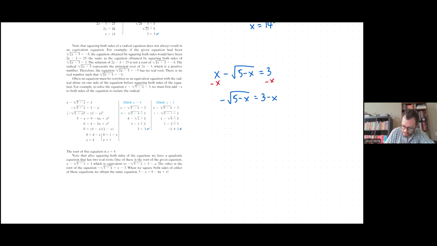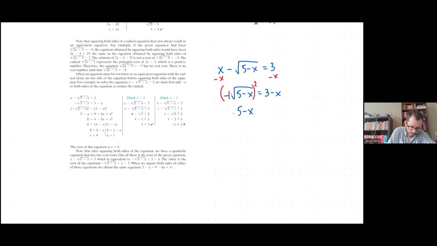The negative sign in front is really like a negative 1 times that square root. It has no impact, because we're squaring negative 1: negative 1 times negative 1 is positive 1. Our result on the left side then is going to be 5 minus x.